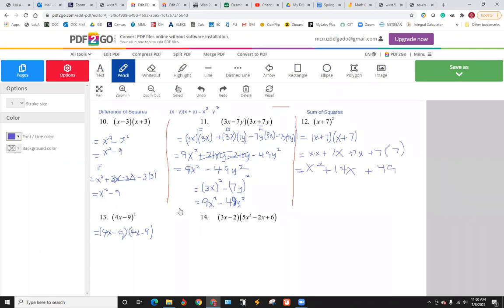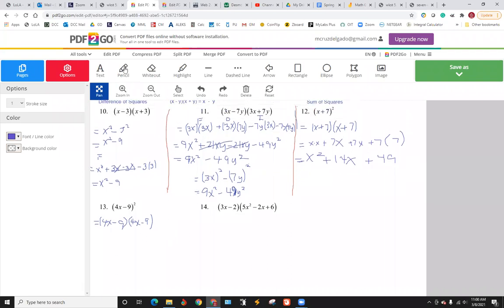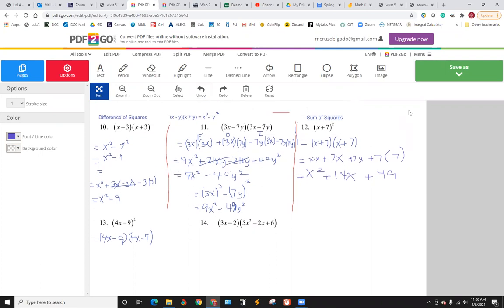Now, here's the thing. The special form is rather a little complicated here. I'm going to write it out up here.